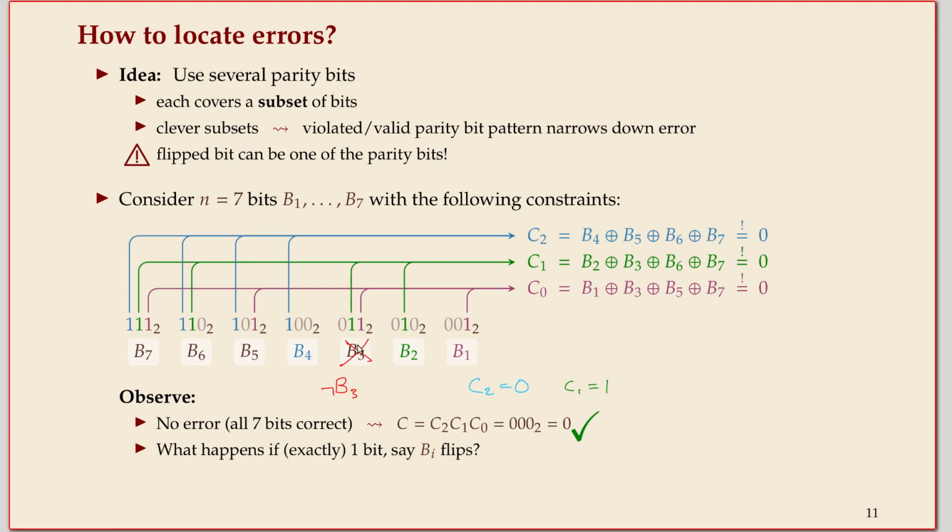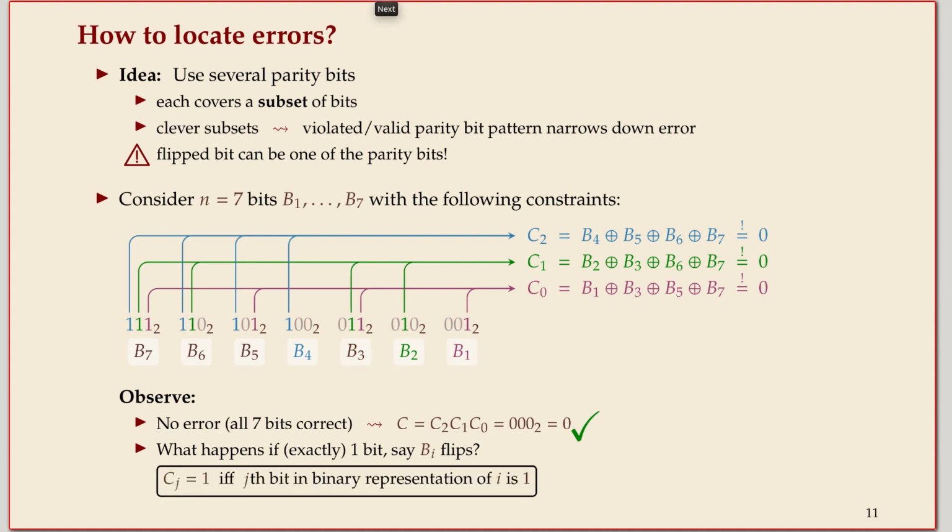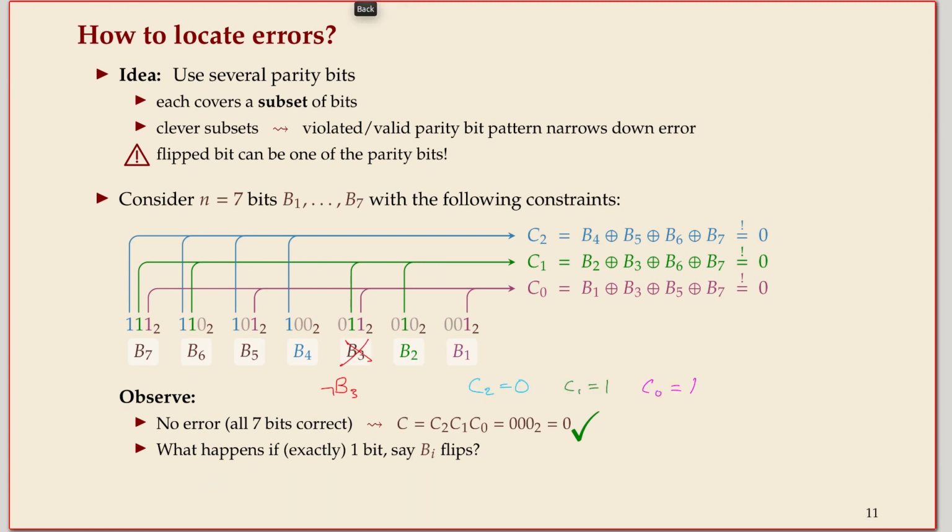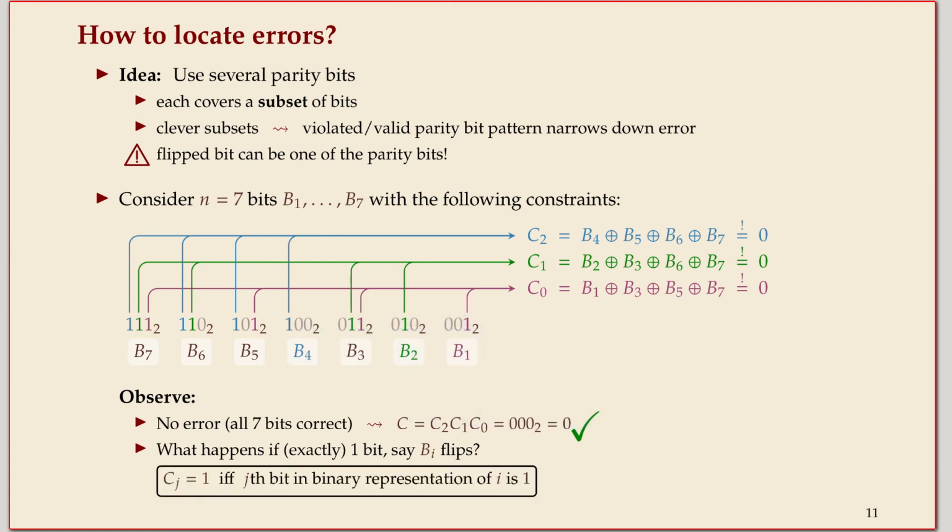And the same thing is true for C0. B3 is used here, so this will also be flipped to 1 if you compute these parity bits as given here. Maybe I should copy this so that we see it on the next slide again.